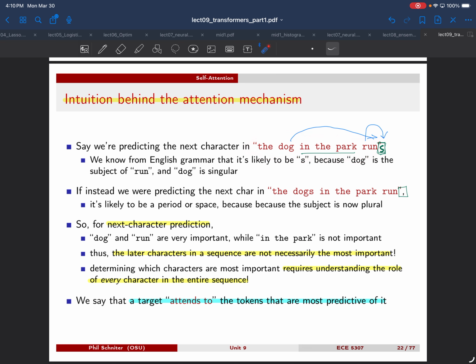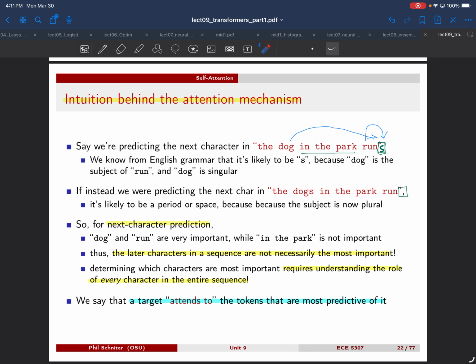And with our knowledge of English, we figured out it's probably going to be yes, because run is a verb and dog is singular, and we know that when you conjugate run, it should be runs if the subject is singular. And so at a high level, what we realize in doing that is that we really have to understand this sentence, or whatever string of tokens it is, at a high level.